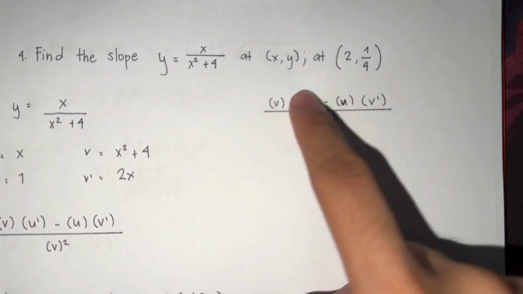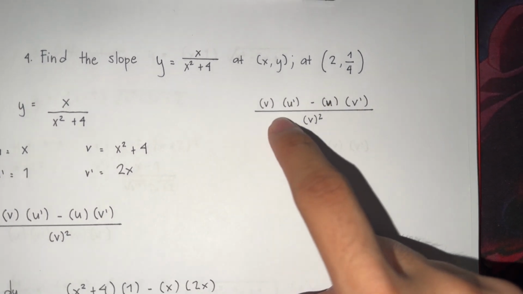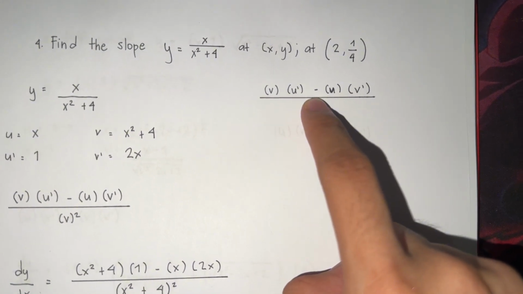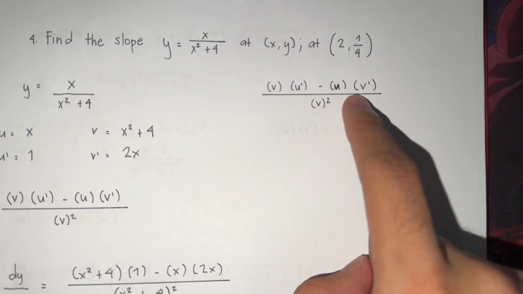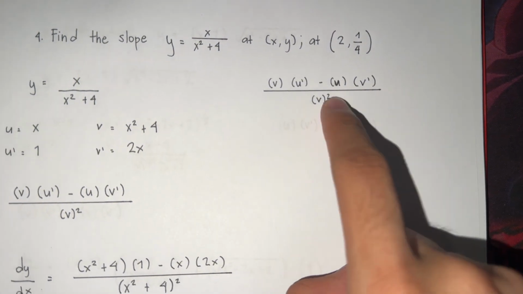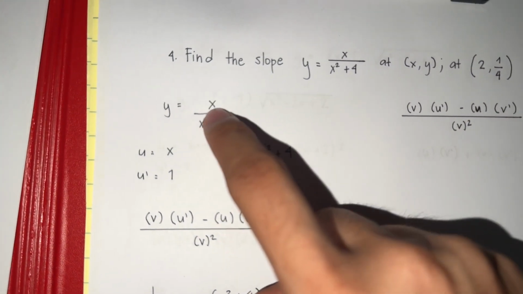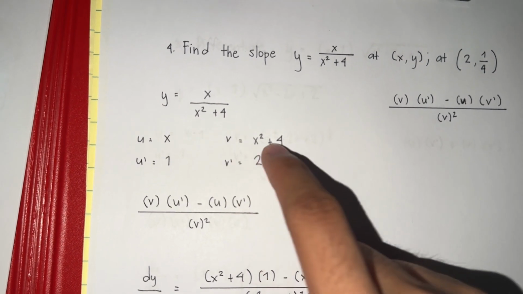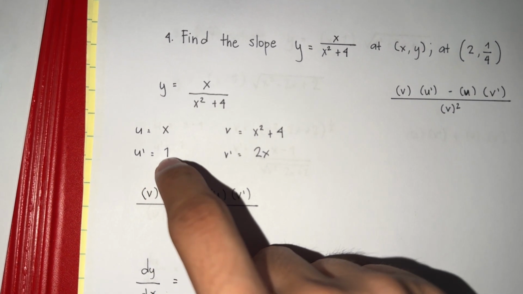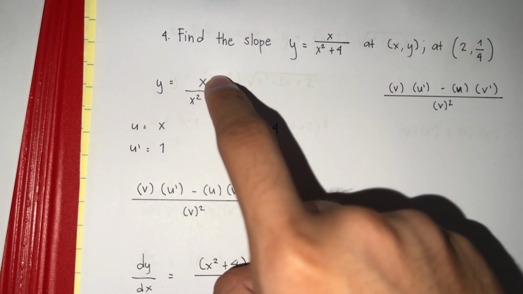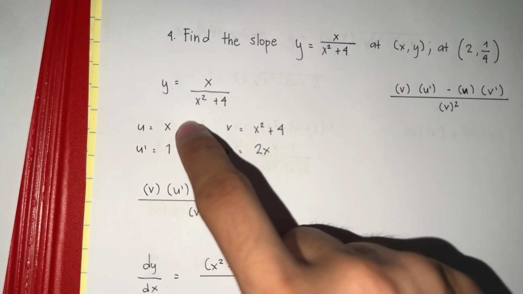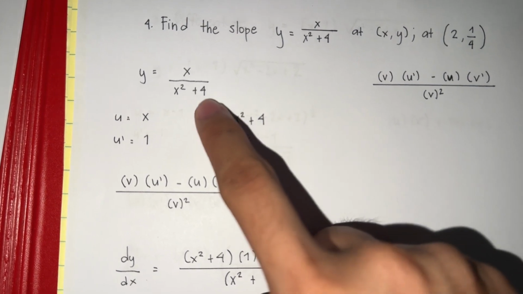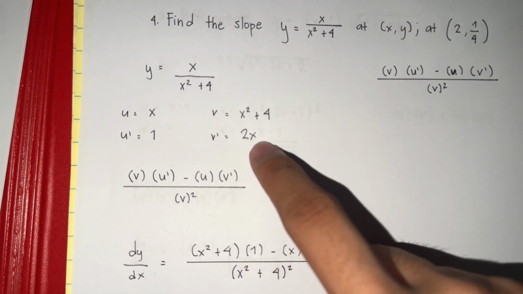This is the formula for the quotient rule: the product of v and u prime subtracted by the product of u and v prime, over v squared. So x here will be our u and x squared plus 4 will be our v. So u prime is the derivative of x, which is 1. Now the derivative of x squared plus 4 is 2x.